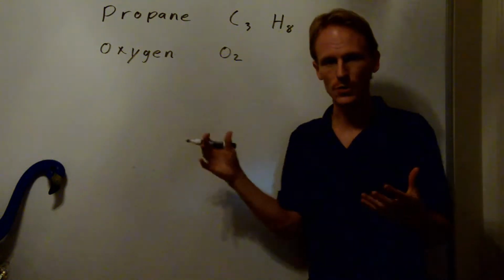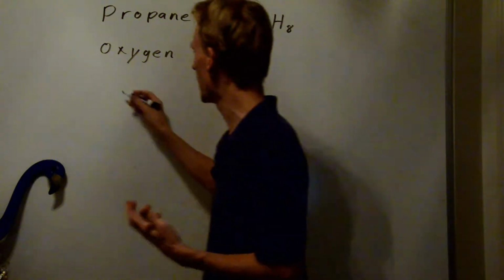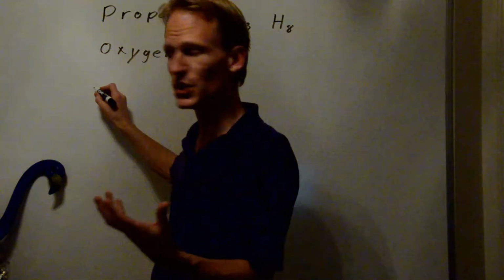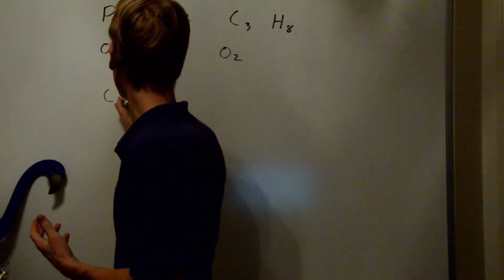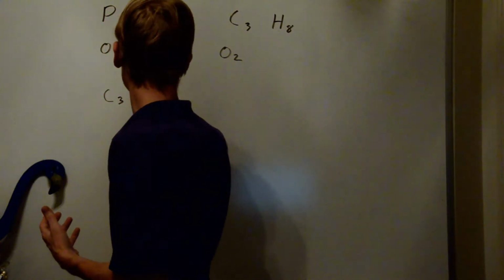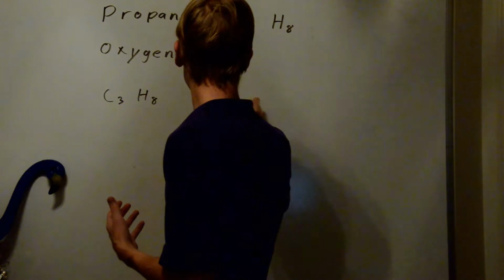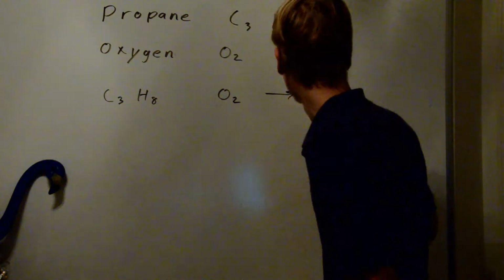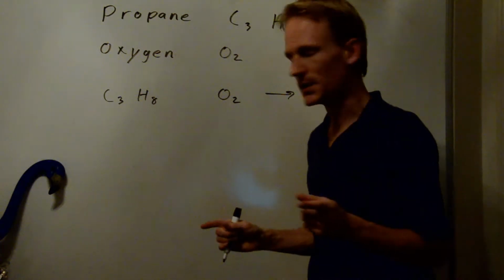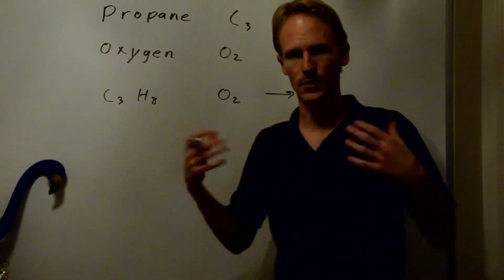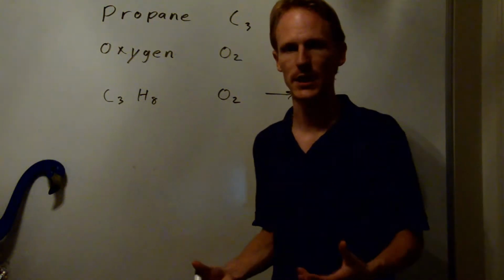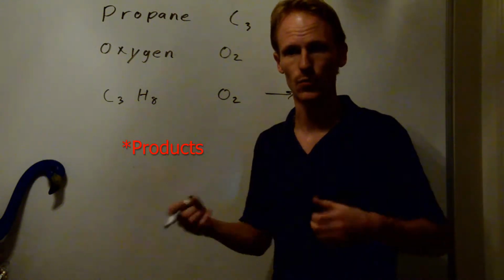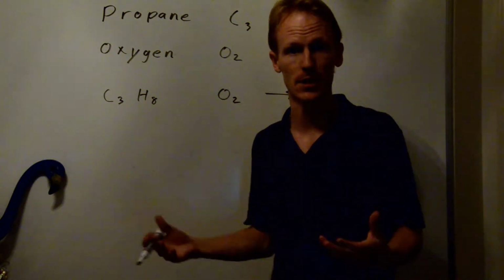So, in order to do stoichiometry, we must say that some combination of C3H8 and O2 must yield its likely products. Looking at these, we know that during any combustion, one of our most likely products is going to be CO2, carbon dioxide.